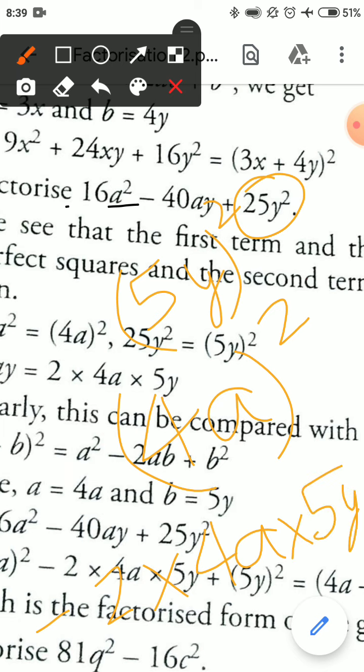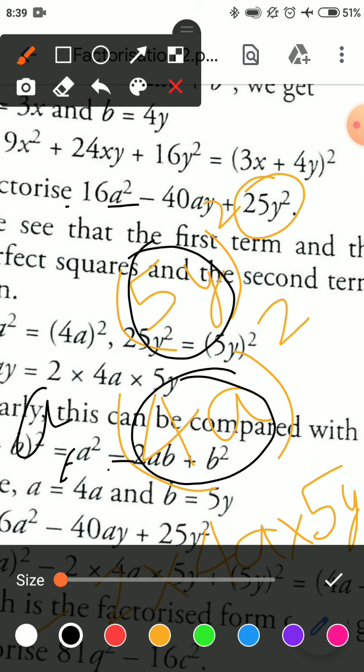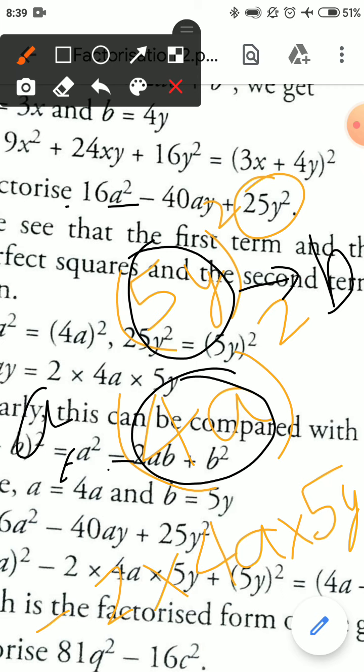This is 2 into 4 is 8a, 8a into 5y is 40ay, minus 40ay, right? So here this 4a will become a, right? And this 5y will become b. Clearly you can see that here we can use the identity. We can write this expression as 4a minus 5y whole square, right?